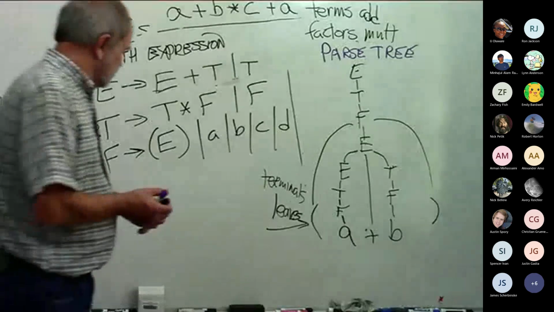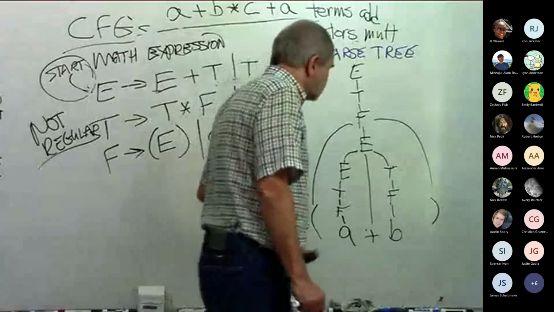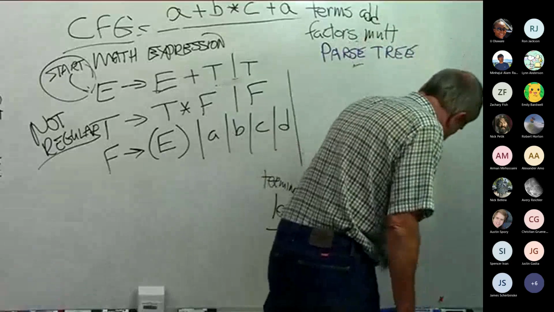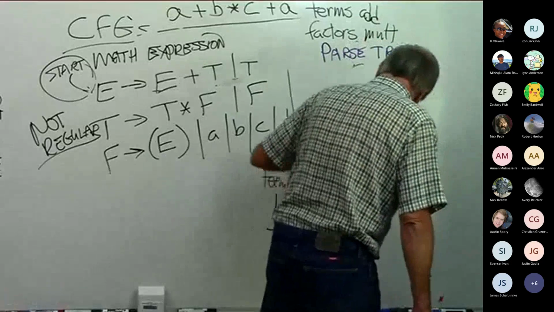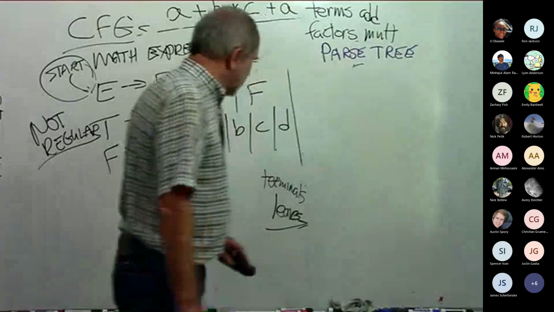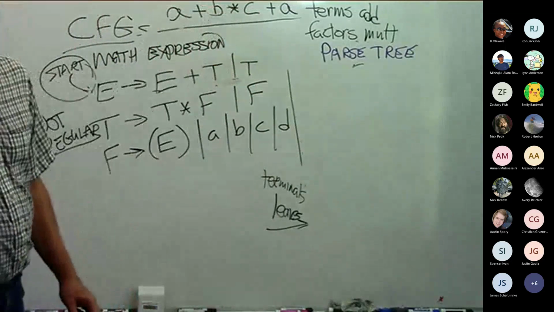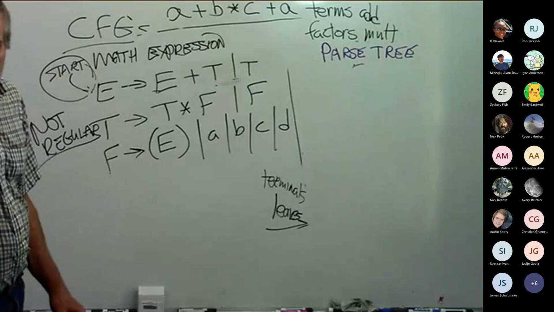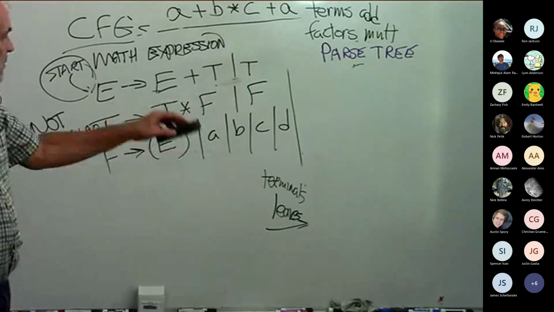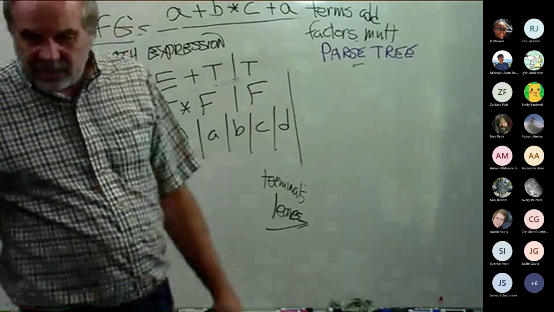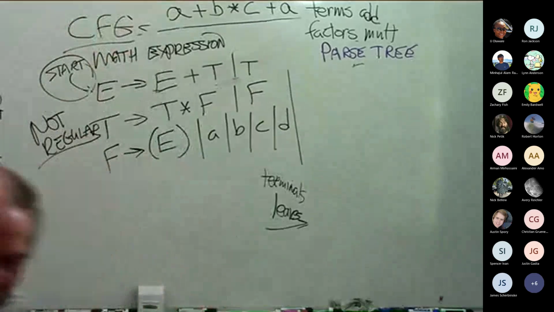So what you can do is start with the leaves and work your way up the tree to see where things get derived. Austin has a question. Yes, sir.